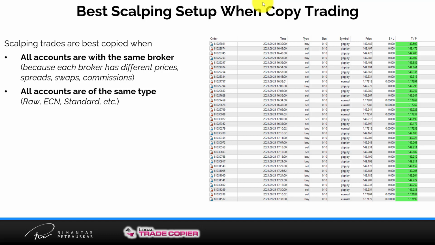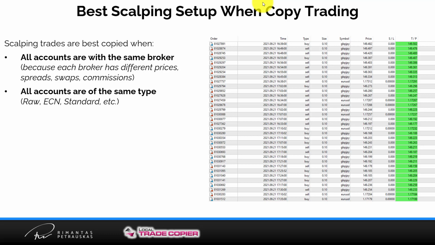And then they come to the IC Markets website and they open a standard account. And it turns out that you have a raw account, but they have a standard. Now, a raw account gets charged commissions, but it has a really, really small spread. Like the EURUSD spread is oftentimes zero.